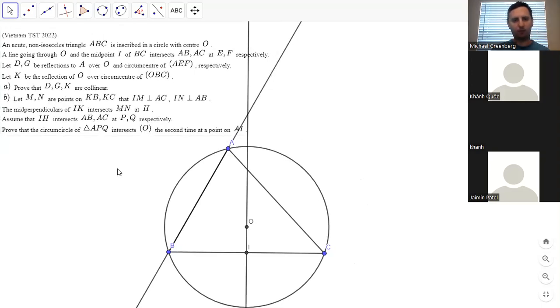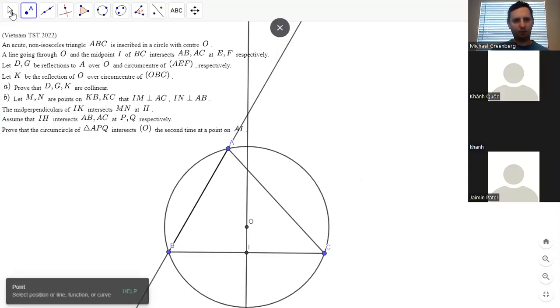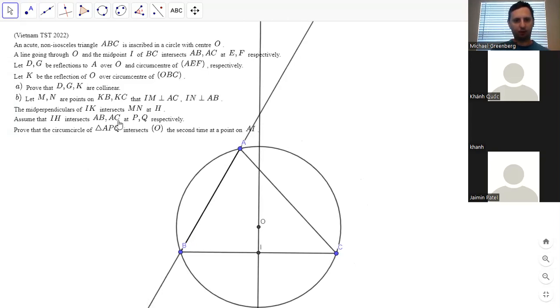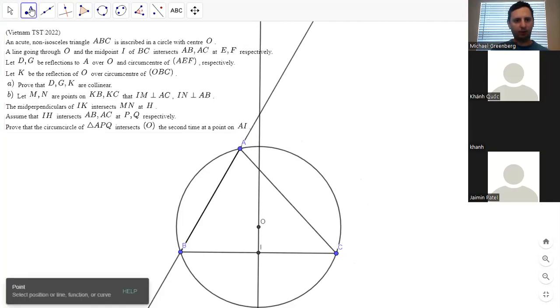Okay, so basically, let me move it to the right just a little bit, there we go. Okay, so E and F. E is where it meets AB, and F is where it meets AC.